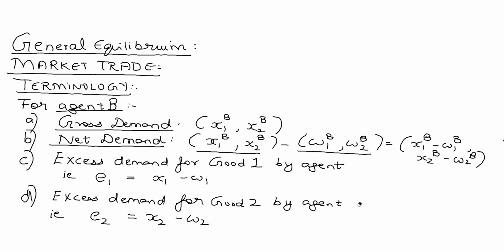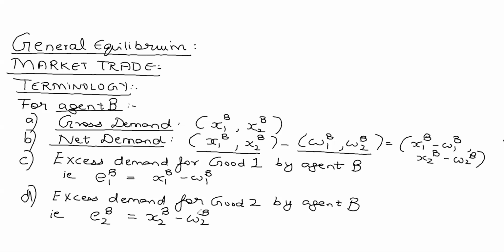Excess demand for good 1 by agent B, denoted E1b, is x1b minus omega 1b, and excess demand for good 2 by agent B is E2b, which is x2b minus omega 2b. I hope all students have understood the terminologies for agent A and agent B.